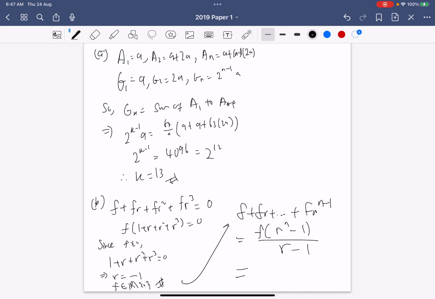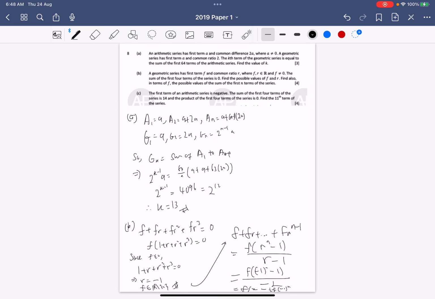So this part is just f bracket (-1) to the power n minus 1 over minus 2. And this will just result in f over 2 minus half f bracket (-1) to the power n.